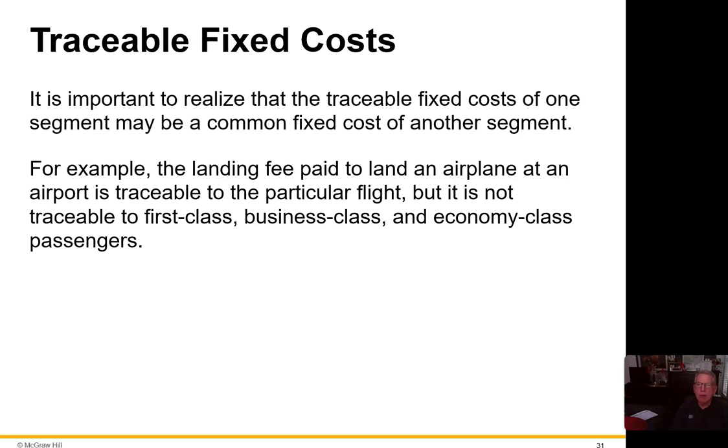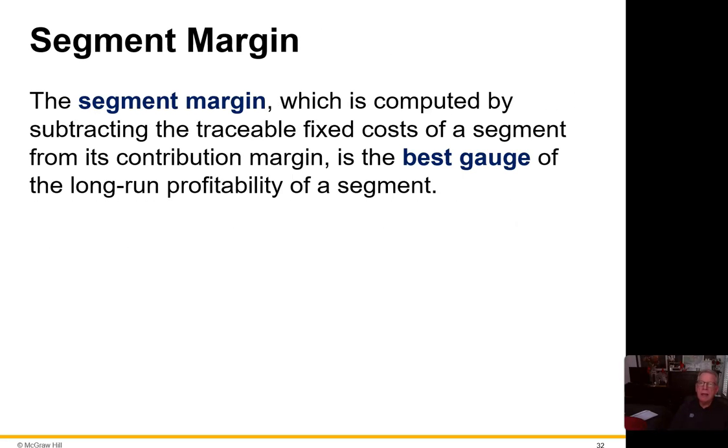Okay, traceable fixed costs. Now, the segment margin is computed by subtracting the traceable fixed costs of a segment from its contribution margin, and it's the best gauge of the long run profitability of that segment.